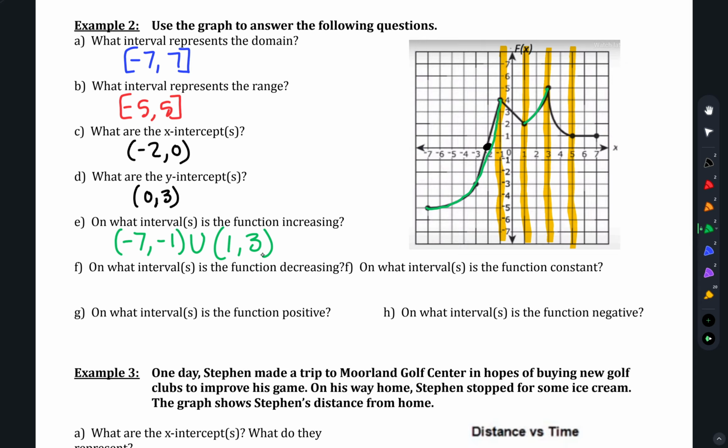Next. Anybody want to try the decreasing ones? Where do I see decreasing? There's 2 of them.